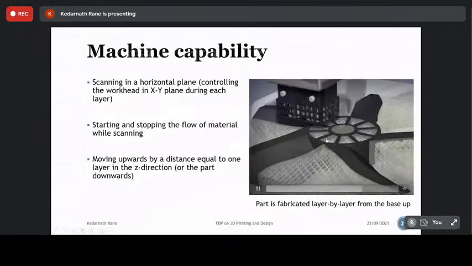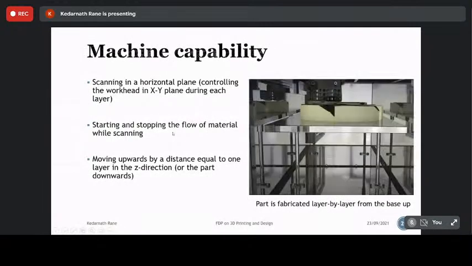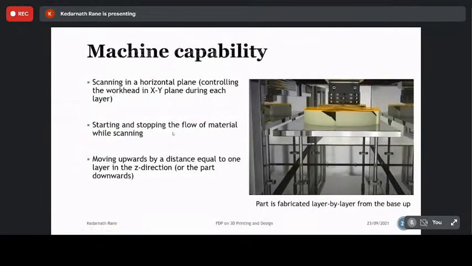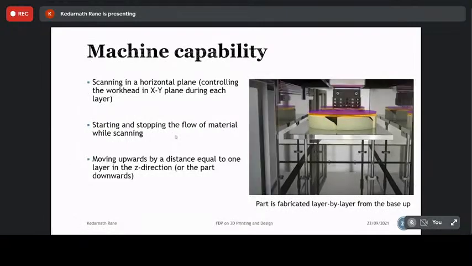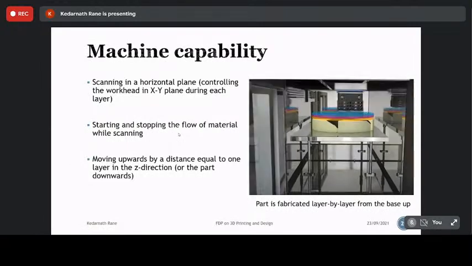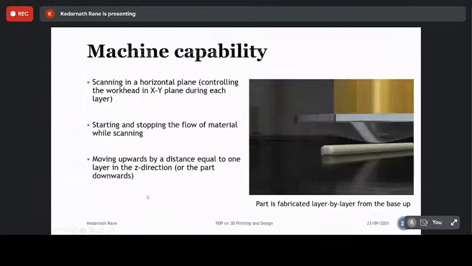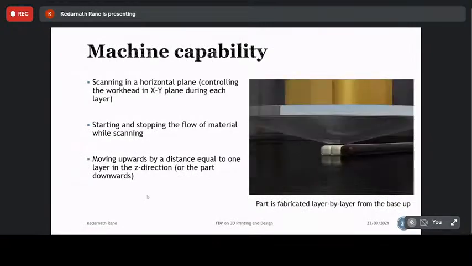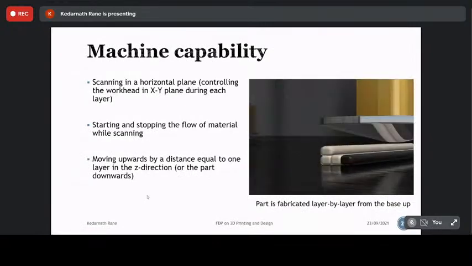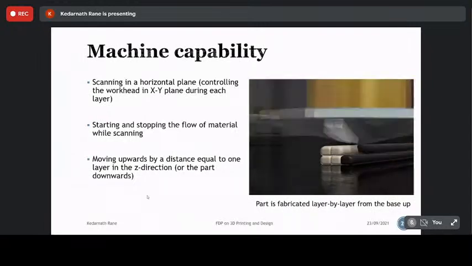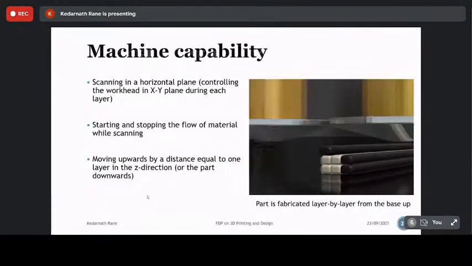Starting and stopping of the flow is an important criterion for the machine to process this kind of material, because you need to stop at one end, then resume the printing from another end. Then the machine should also move up or down. Either the bed or the nozzle should move up and down to get the part 3D printed.